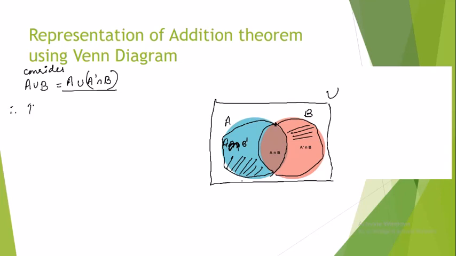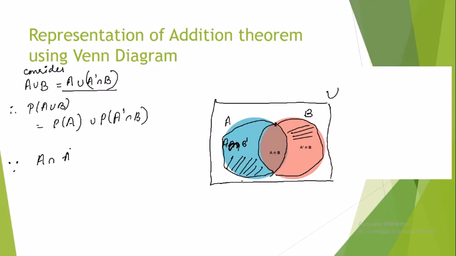I hope you have got the idea how I wrote this. Therefore, if you apply probability, probability of A union B is equal to probability of A union A complement intersection B. And we have to take into consideration one more point, whether there is any intersection lying between these two, A and A complement intersection B. So let's have a look.